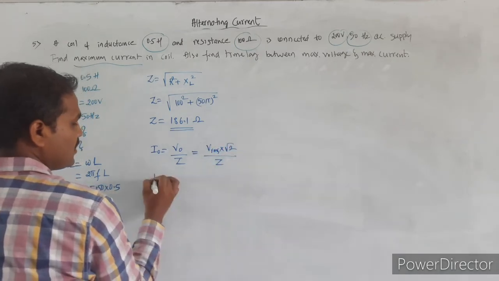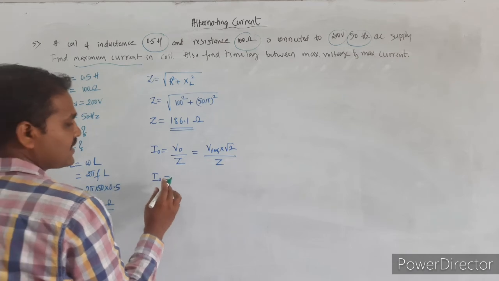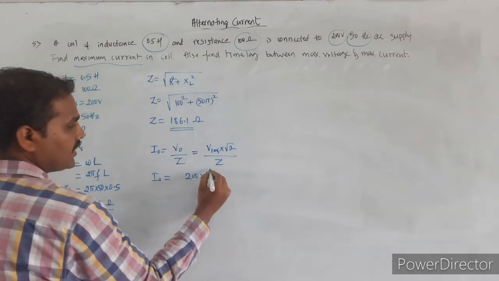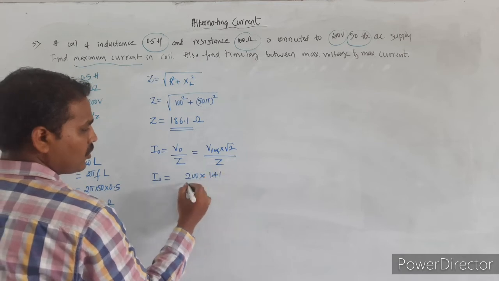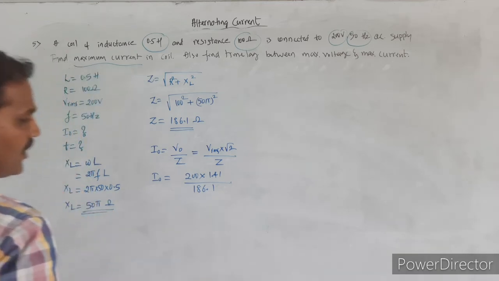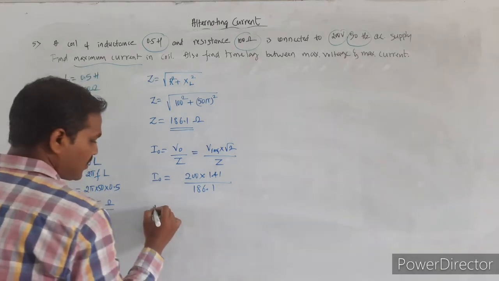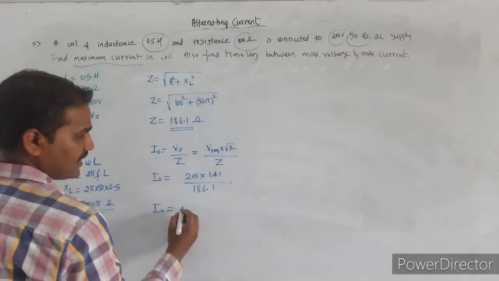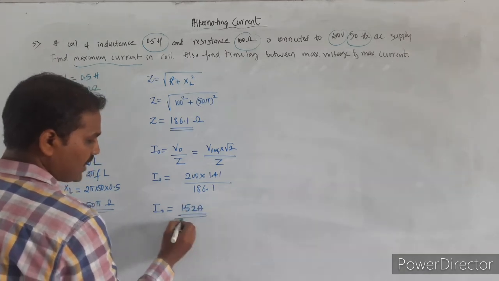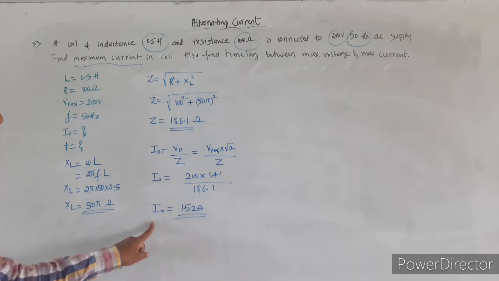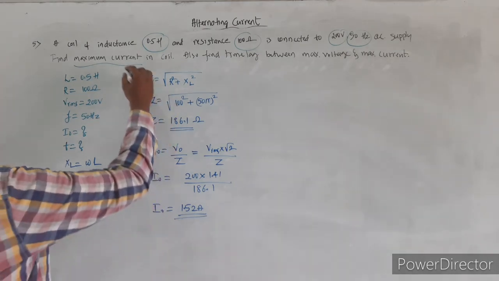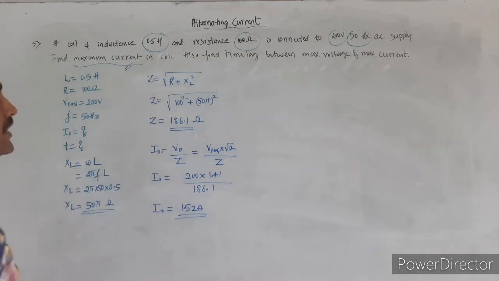So by simplifying this, I get I naught is equal to V RMS, which is 200, into 1.41 divided by Z, which is 186.1. After simplifying this, I get the value of current as 1.52 amperes. This is the peak value of the current through the coil. So this part we have calculated, the maximum current.